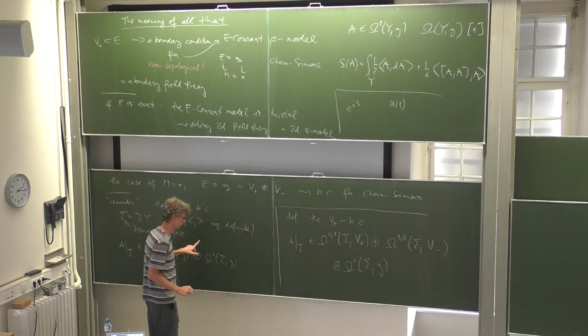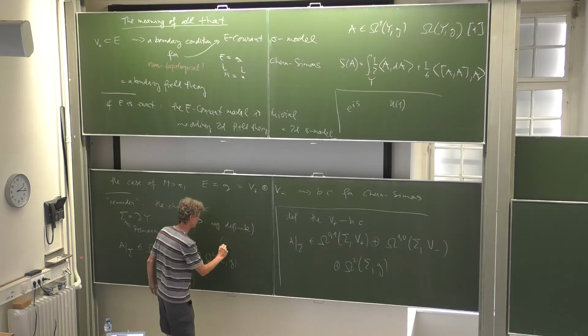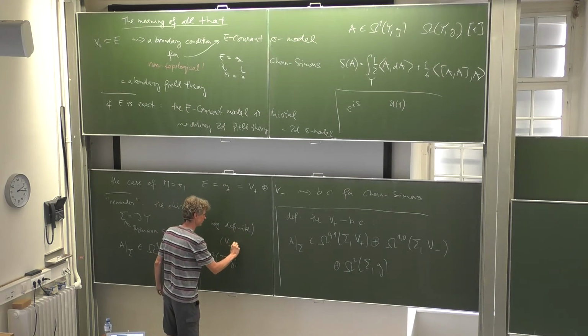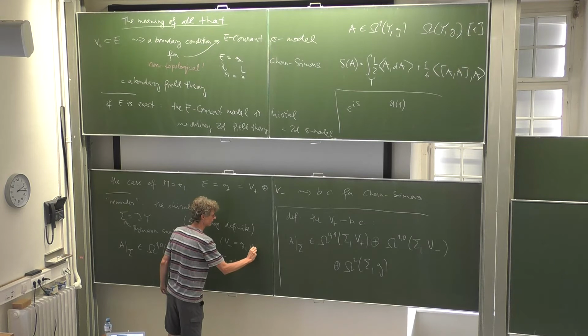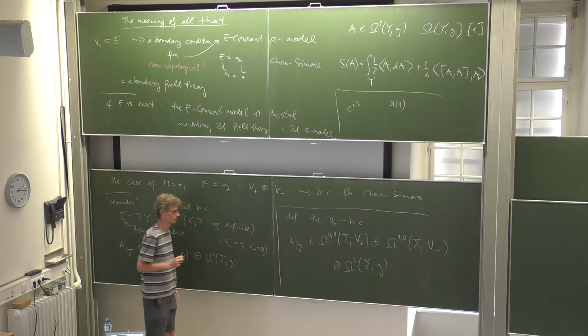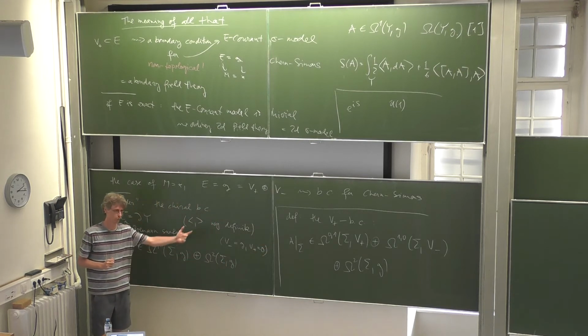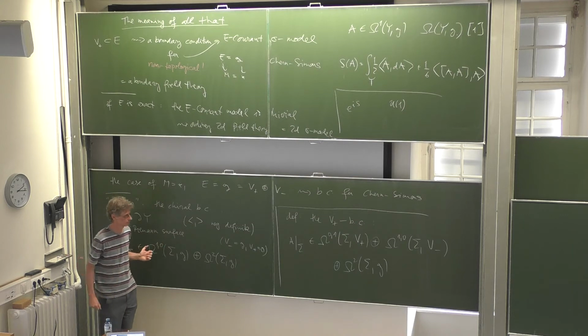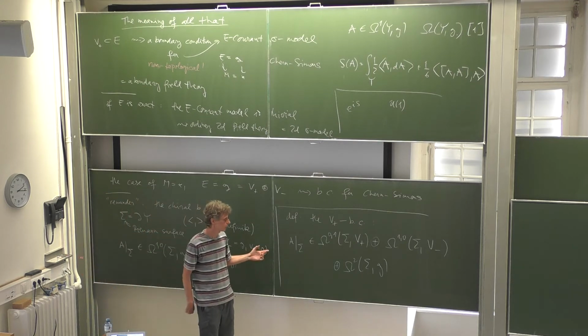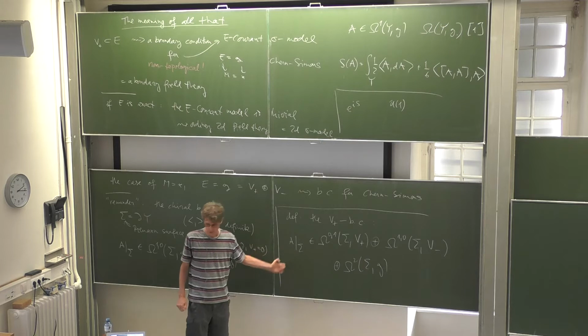So this corresponds to the fact, as it is negative definite, when V minus is everything and V plus is 0, if you want to really compare those two things. Okay, that's our boundary condition.